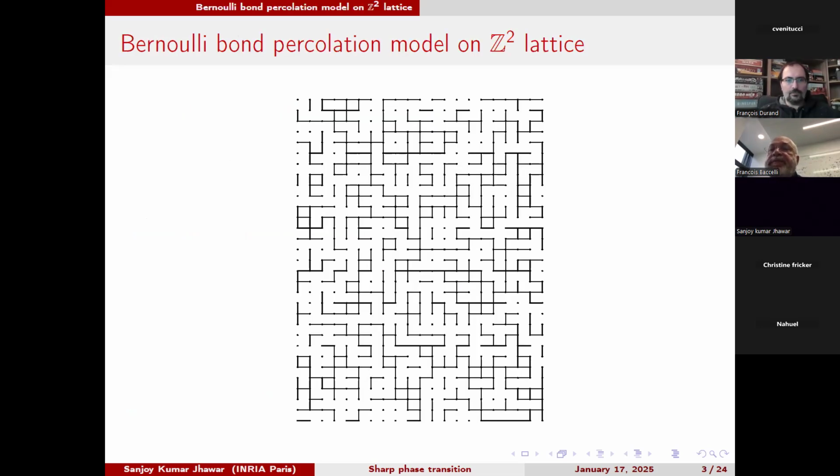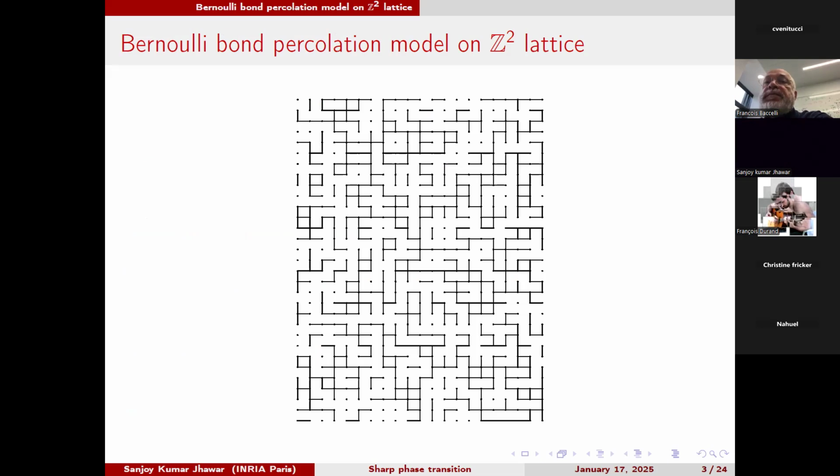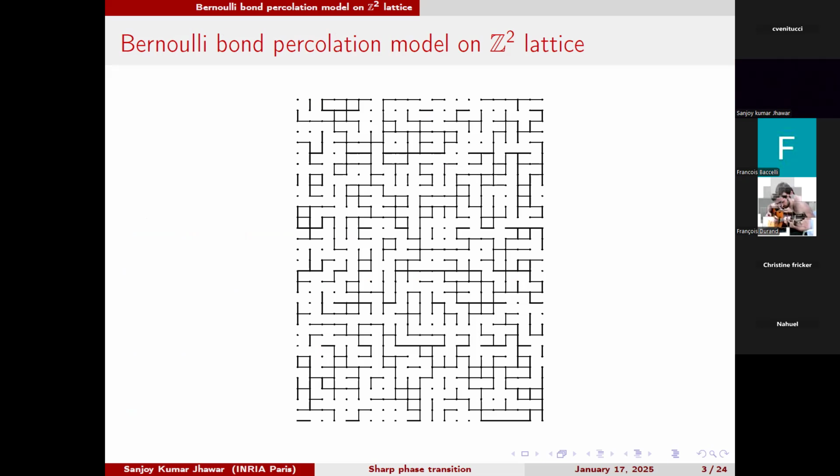Okay, to start with, let's say you are on a finite window of the Z2 lattice, and you open or close each edge independently with some probability P. So this is one realization of the bond percolation model on the Z2 lattice.